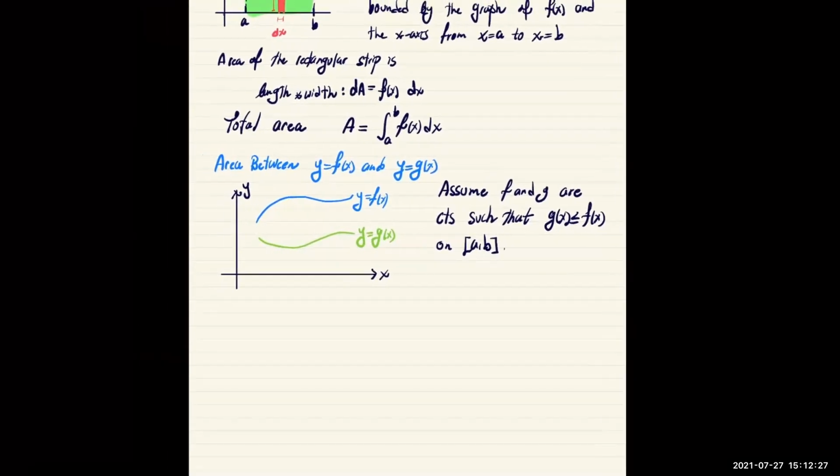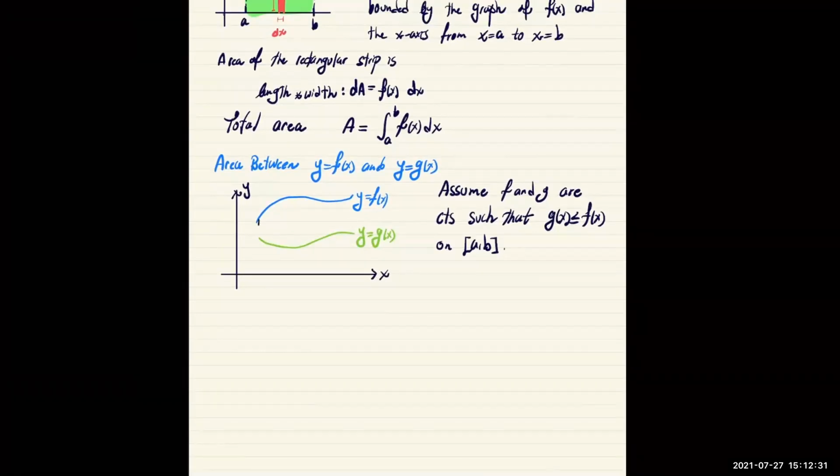So we are interested in the area of the region bounded by the two functions from a to b. Again, this is x equal to a, and this is x equal to b. And again, this is the region.